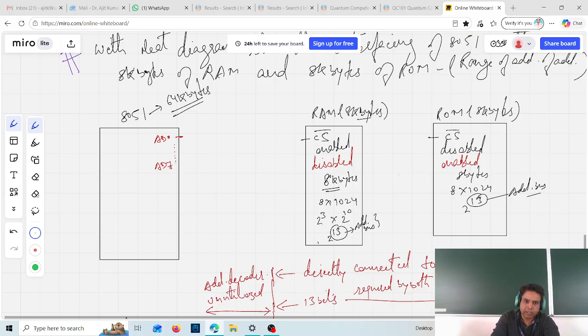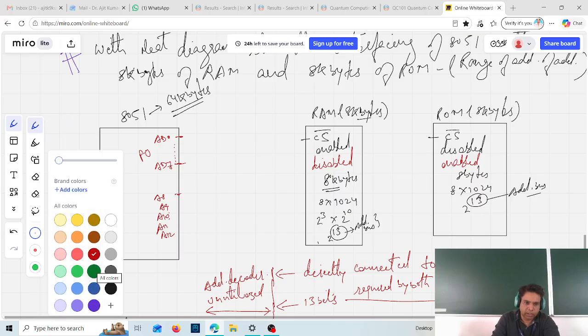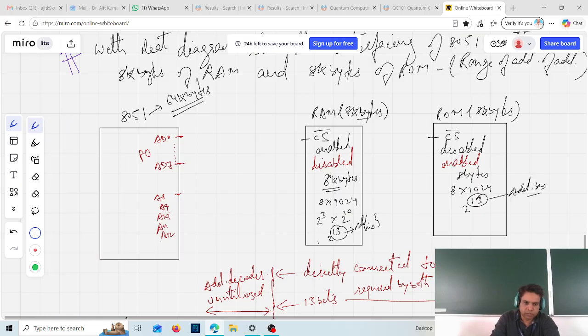AD0 to AD7 is port 0 where the multiplexing is done. Similarly, we have A8, A9, A10, A11, A12. Then the unutilized ones I will show in a different color: A13, A14, A15. These are unutilized.